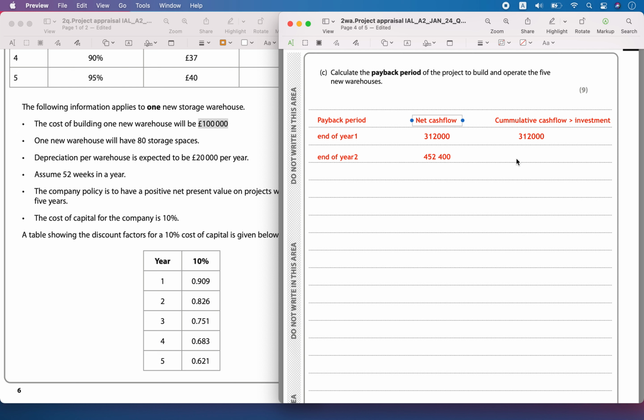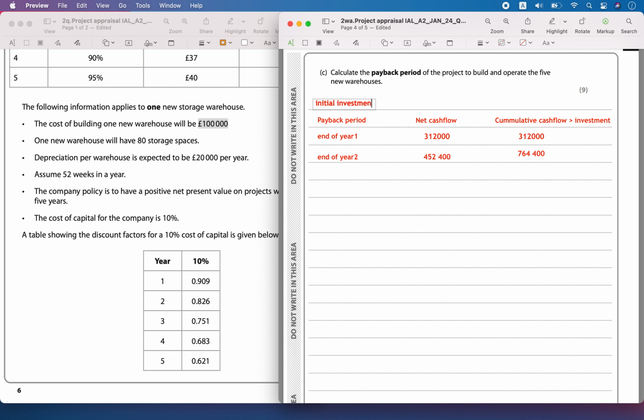Now cumulative cash flow is this plus this. I will add up: 312,000 plus 452,400. So that is 764,400. Now the initial investment we had already calculated in the earlier part.